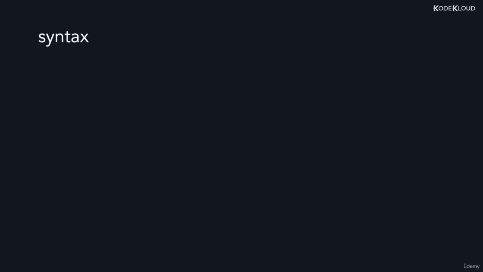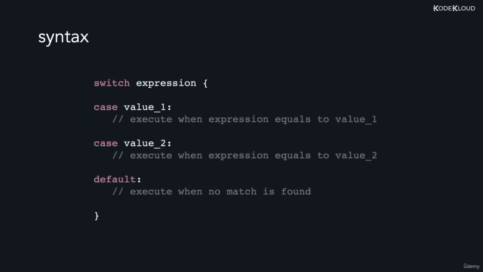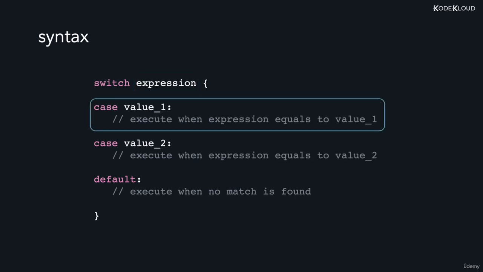Let's see the syntax of switch case now. The switch statement tests the value of an expression and compares it with multiple cases. Once the case match is found, a block of statements associated with that particular case is executed.